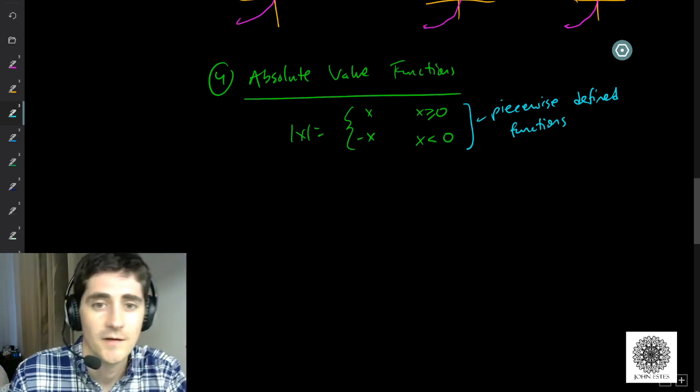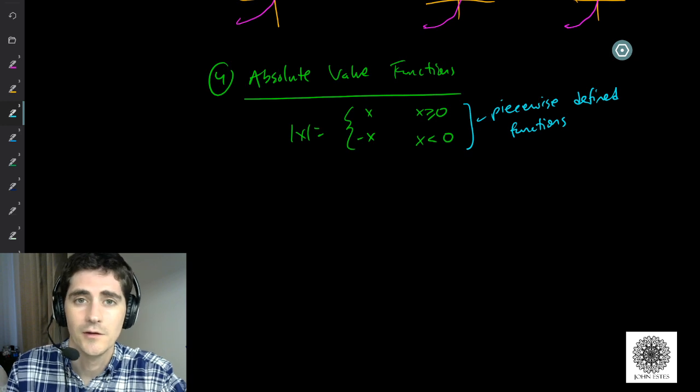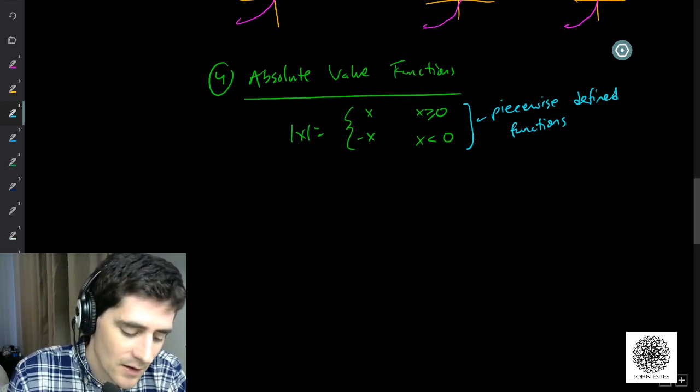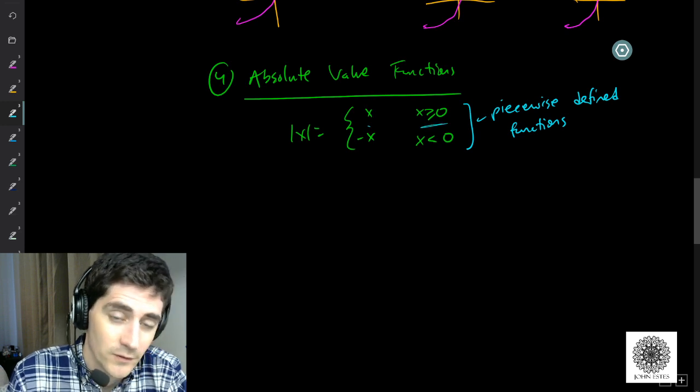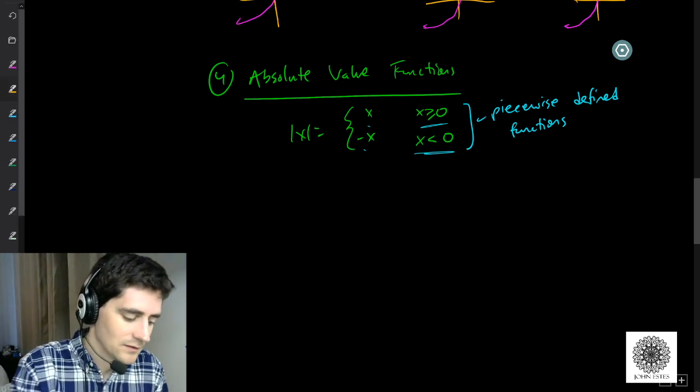A piecewise defined function looks like a particular kind of function just for a little while. In particular here, it looks like x when x is positive or 0, and it looks like negative x for x negative. It changes the way it looks.